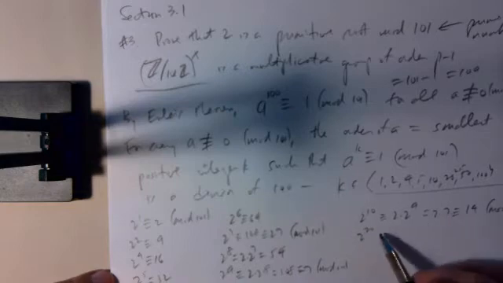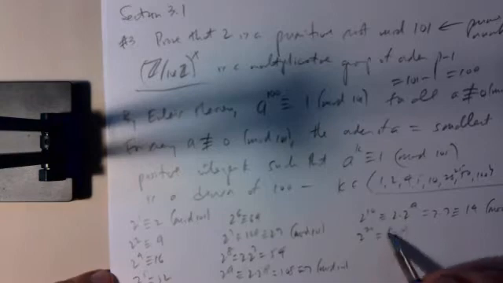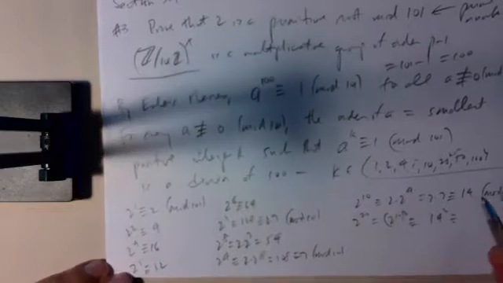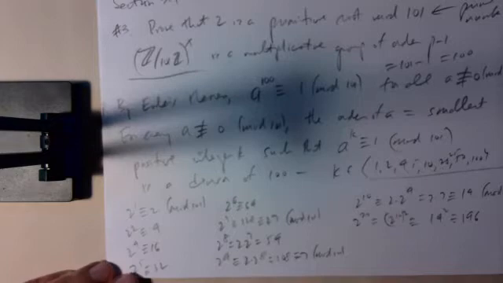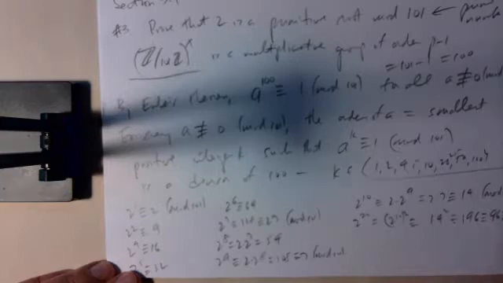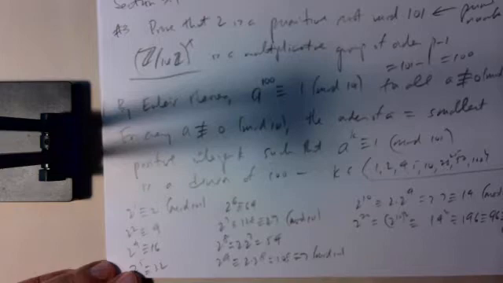2 to the 20th, that's 2 to the 10th squared. That's 14 squared. I think if you square 14, what do you get? 196? Is that right? I think so. Yes. Which is the same as 96, which is also the same as minus 5 mod 101.